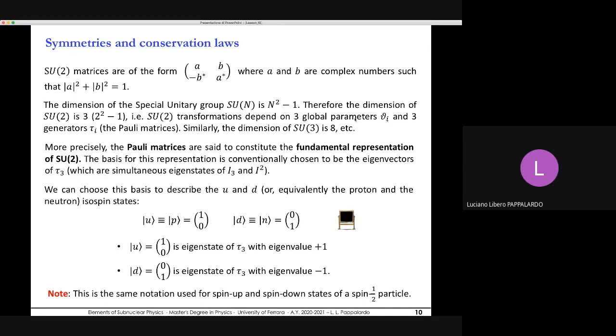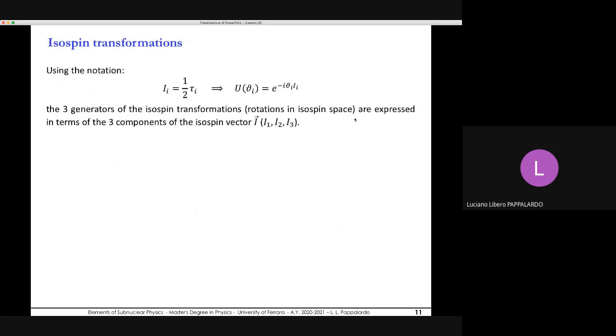It's exactly the same notation, the same formalism. And we can make this even more transparent. Instead of using tau_i as the generators, we can multiply by 1/2, and in this way we define the 3 components of the isospin vector: I1, I2, I3, which are of course trivially given in terms of the Pauli matrices.